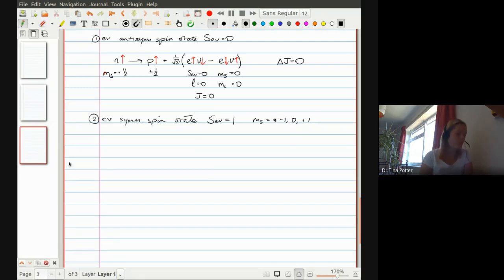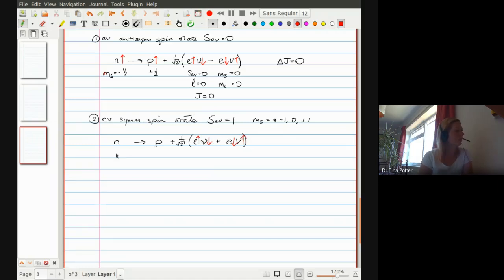We're going to have a look at the neutron and proton and the electron and neutrino again, so our neutron decaying into our proton. And here I'm going to have a look at the superposition of the electron and neutrino in 2 different states here. Have a look at their spins. We're looking at up, down, and down, up.